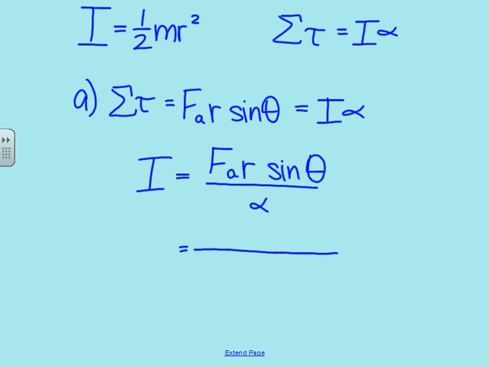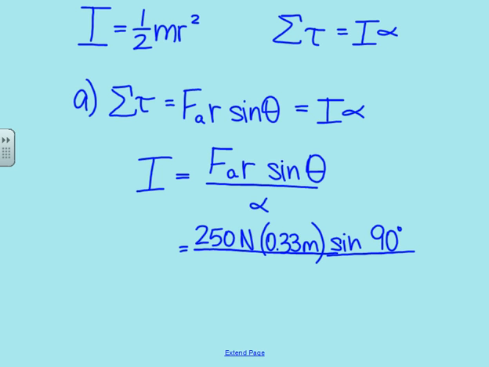The applied force is given to us to be 250 newtons. The radius is 0.33 meters. Because this force is tangent to the curve, tangent to the circle, the angle between the radius vector and the force vector is 90 degrees.